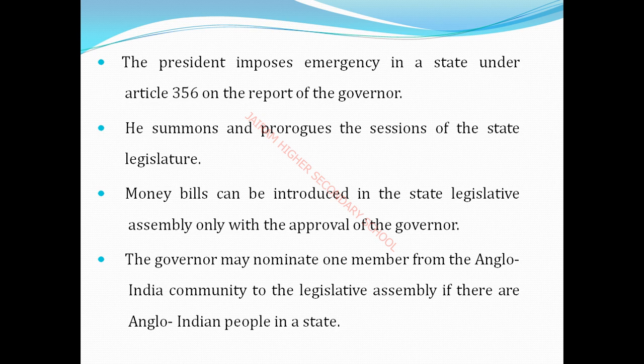And see here, the money bill can be introduced in the state legislature assembly only after getting full approval through the governor. At that time, because of this coronavirus, the Chief Minister announced that so many crores of money would be granted as a transfer payment to whom?